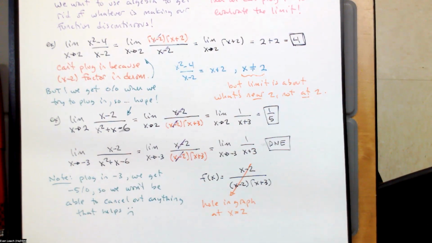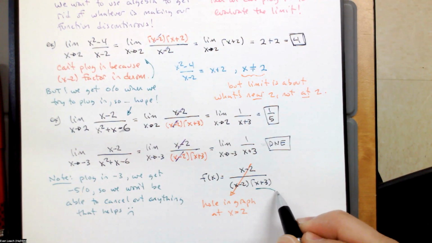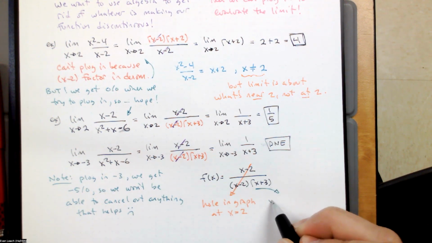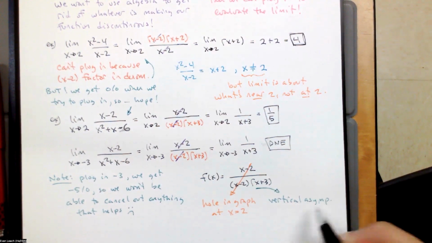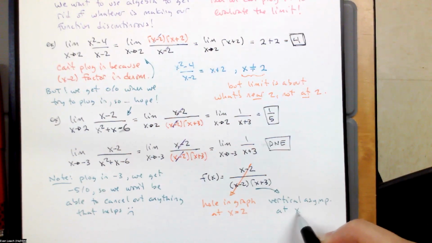But since the x minus 3 doesn't cancel out, we have a vertical asymptote at x equals -3.